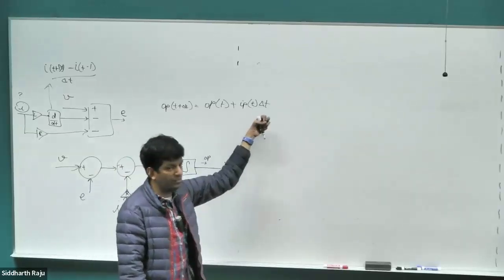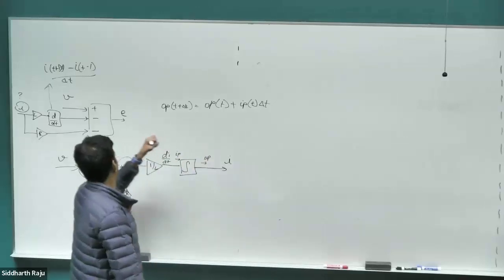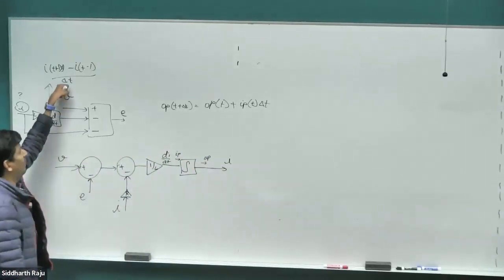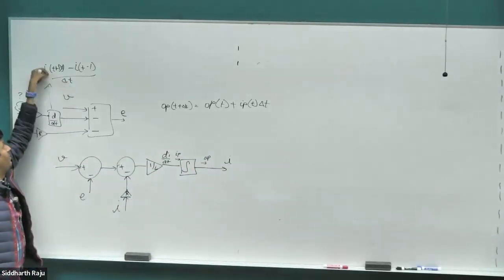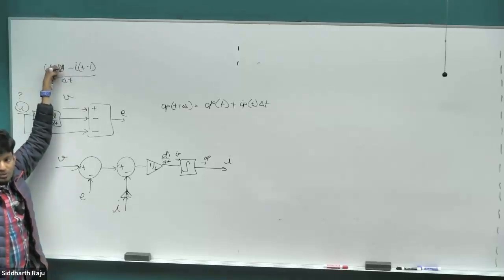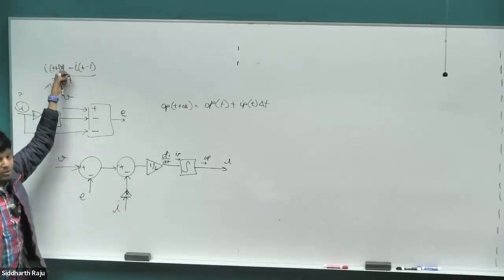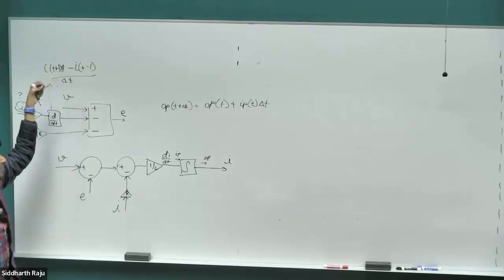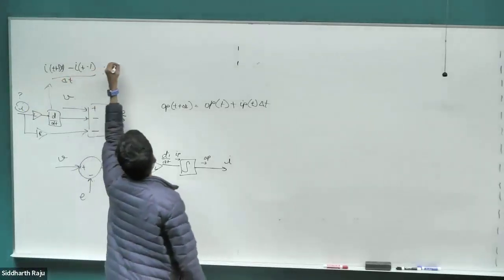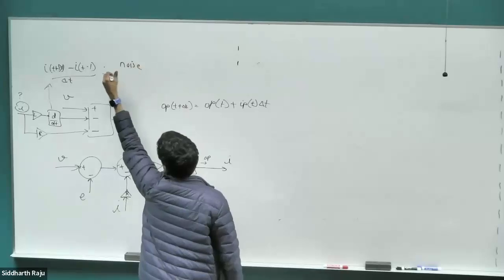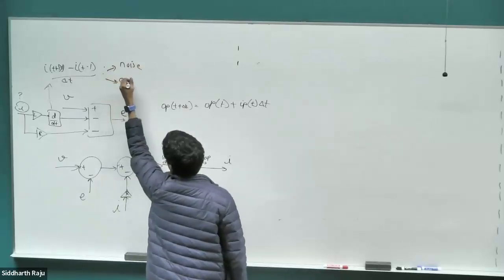In reality, delta t tends towards 0. But when you do d by dt, if delta t becomes very small, even a tiny mistake between the current instance and the next instance will get amplified extremely. This error can come from noise or from rounding errors.